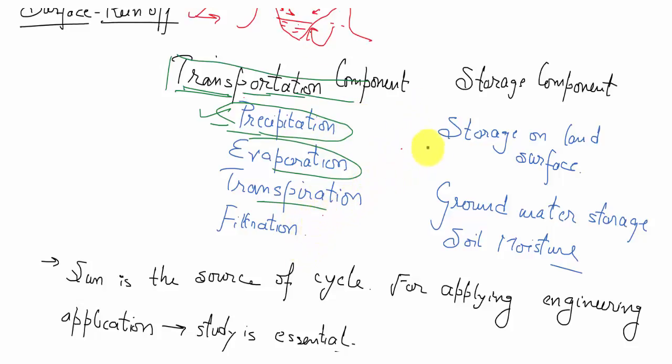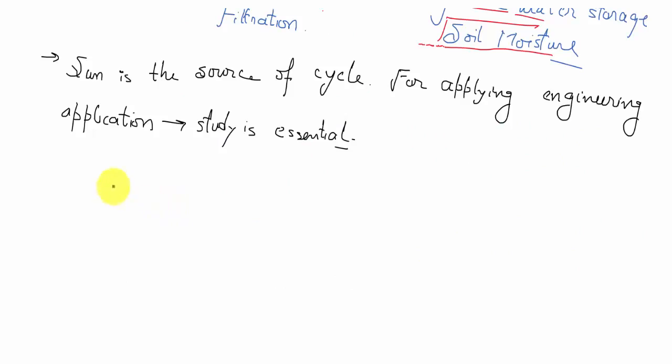Now storage component means what are the various ways in which water can be stored. So water is stored on the land surface, either in pond, lake, river or ocean. These are the storage components on the surface. It also gets stored in groundwater, and last but not least, water is also stored as soil moisture.